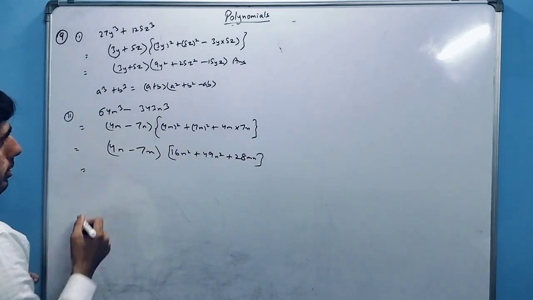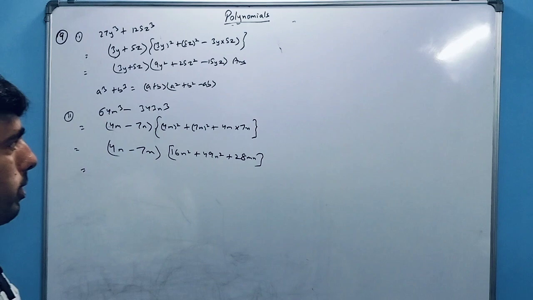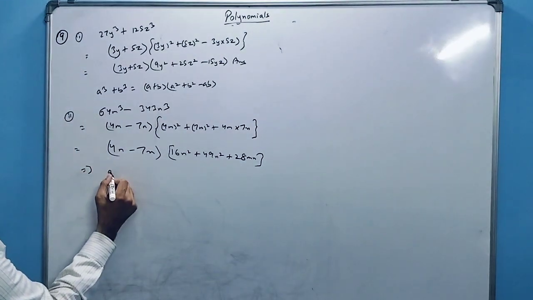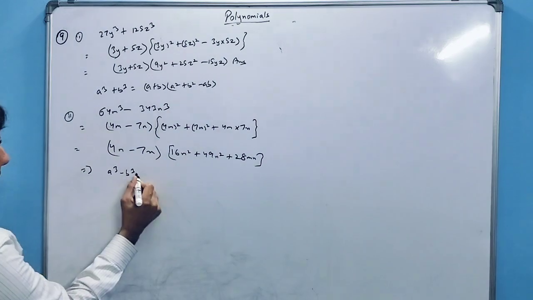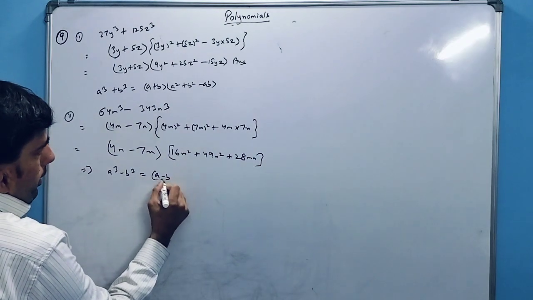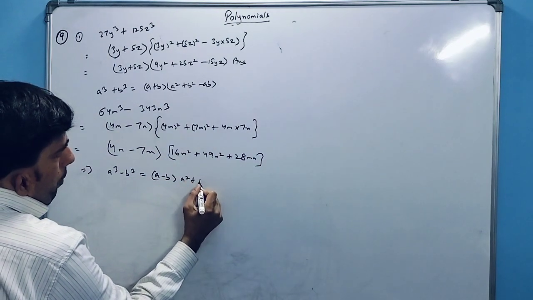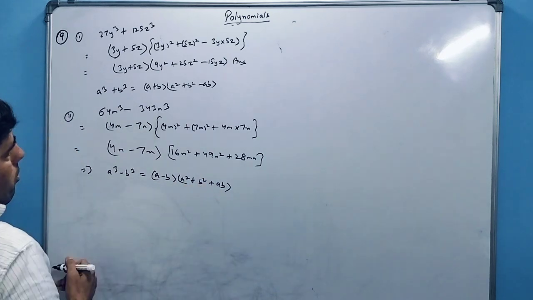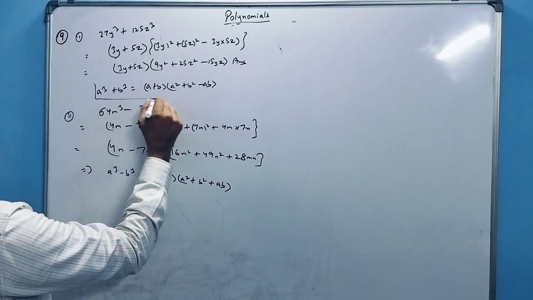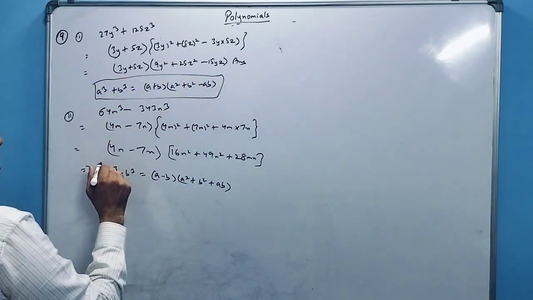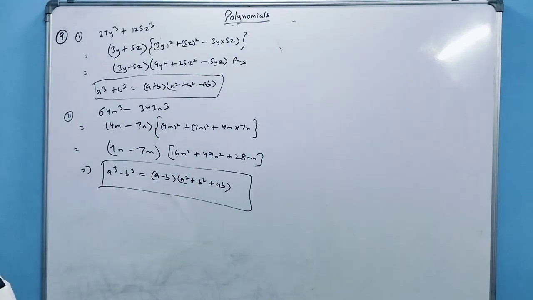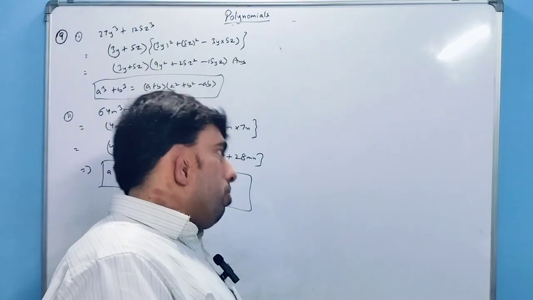So likewise we can solve this identity. Finally I know the identity of a cube minus b cube, that is a minus b into a square plus b square plus ab. So the two most important identities I have used here.